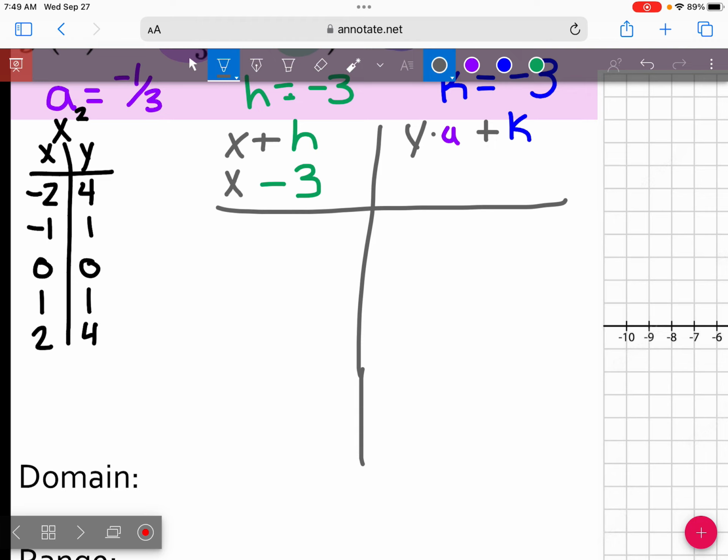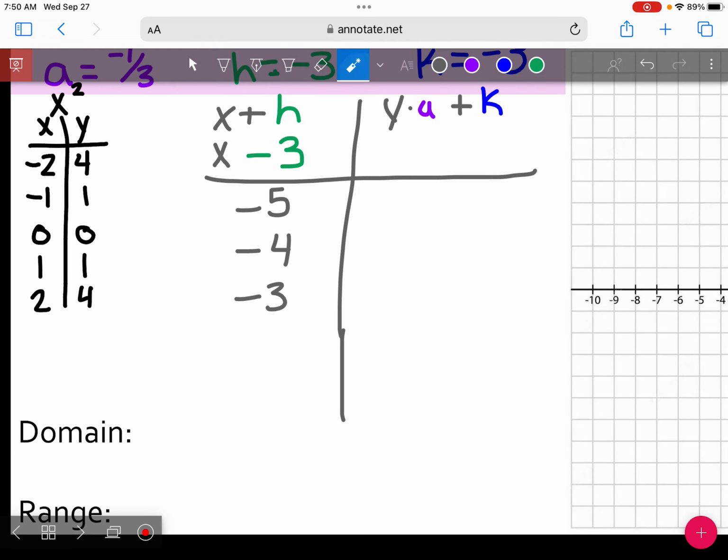So -2 minus 3 is -5. -1 minus 3 is -4. 0 minus 3 is -3. 1 minus 3 is -2. And 2 minus 3 is -1.